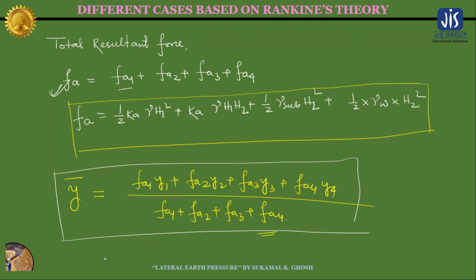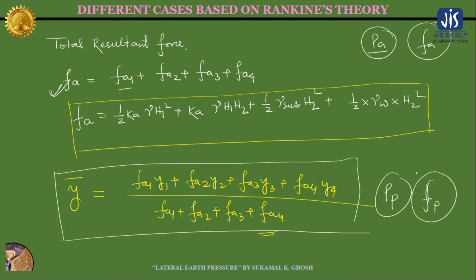You may observe that in all the cases we have dealt with till now, we calculate the Pa, that is active earth pressure, and the Fa, that is active earth pressure force. But we can also calculate the passive earth pressure or the passive earth pressure force, that is Fp. We just need to replace the Pa by Pp, the Fa by Fp and the Ka by Kp.